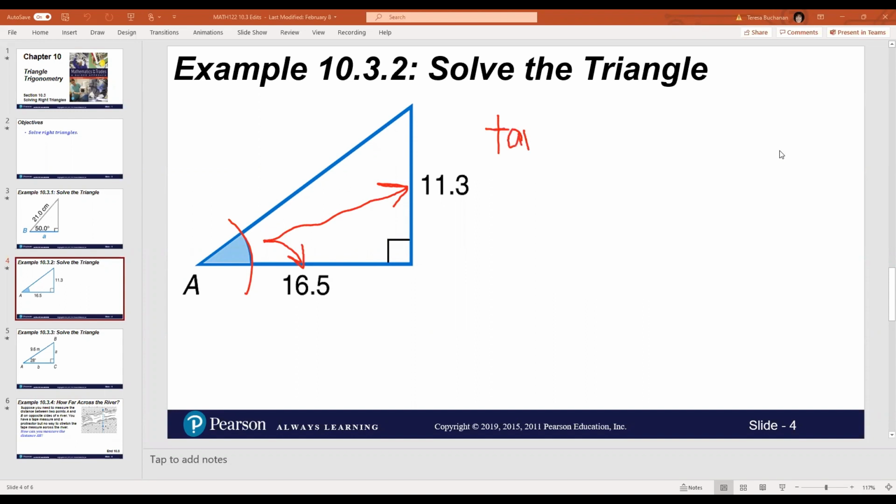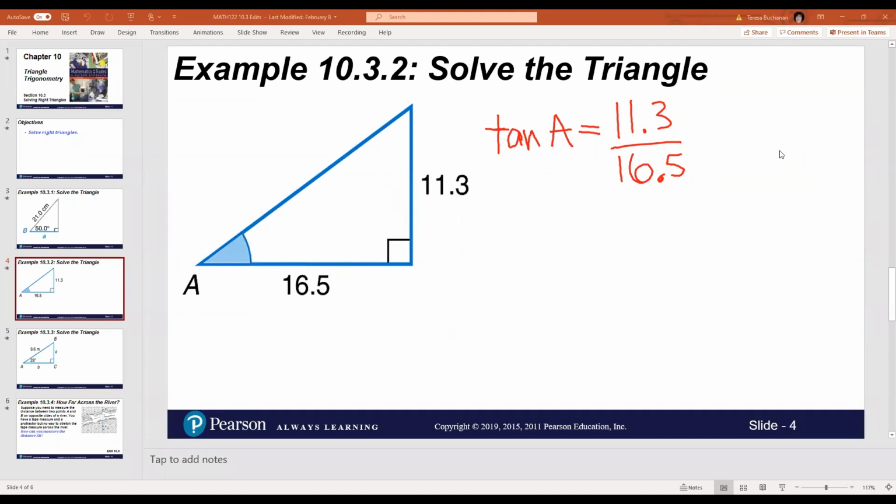Couldn't I say that the tangent of A has to be opposite over adjacent? I'm not really hunting the tangent of A. Those numbers are there. I was given those. There's nothing to discover there.